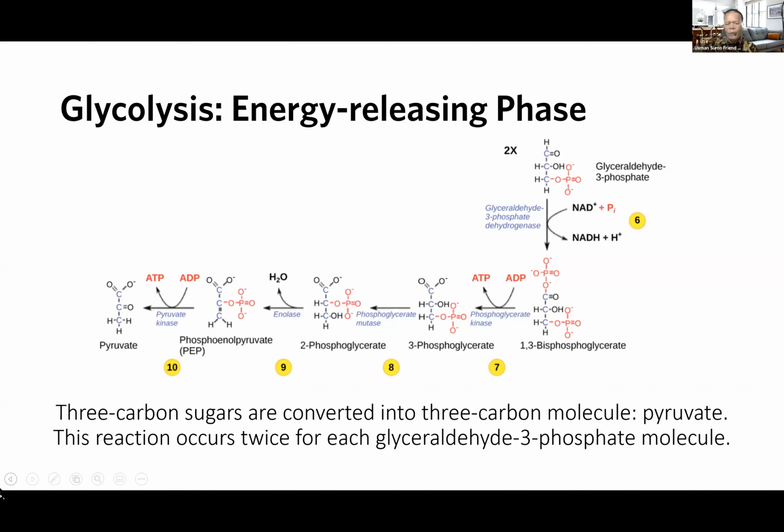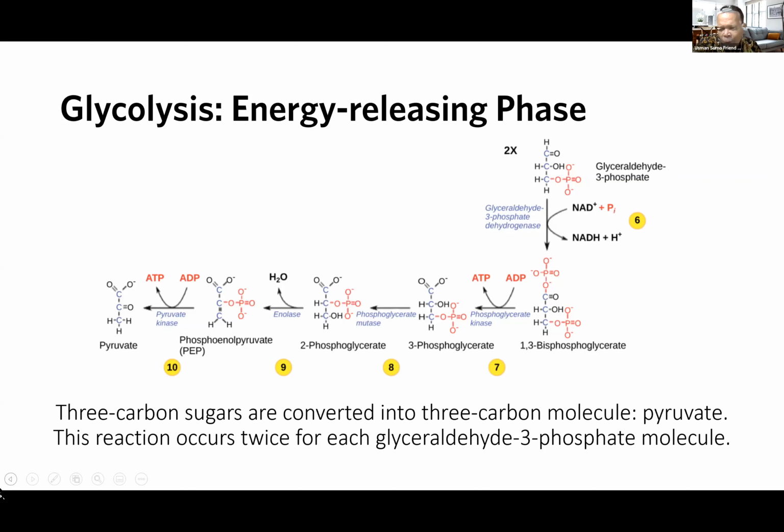In this diagram, you can see that from this side, you have two molecules of this one, right?